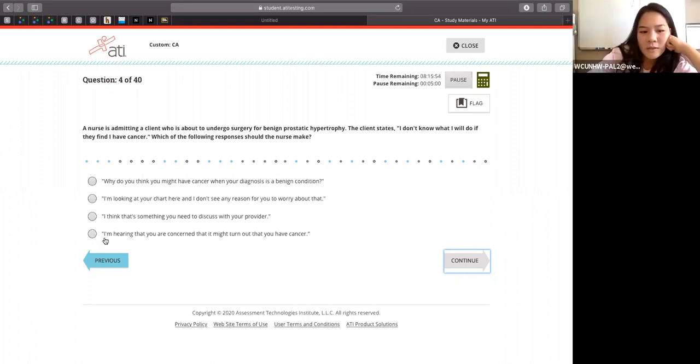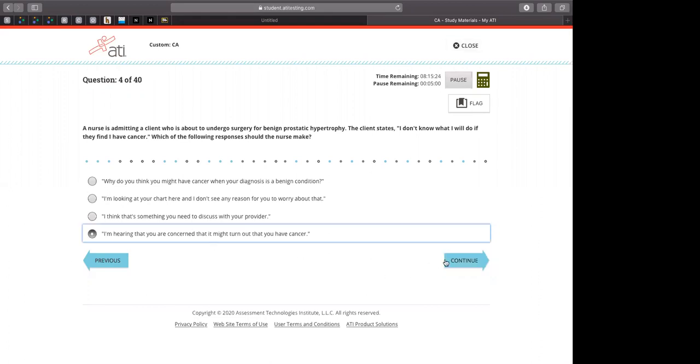It's actually this one though. Oh, is this one? Because when you're saying that, I'm hearing that you are concerned that it might turn out that you have cancer. It's more like you're expressing your concern, and this one is more like why do you think that you have cancer? It's kind of a confrontation, and it might cause the patient to go like, oh, maybe I shouldn't say anything else. You always restate what they said in a question.